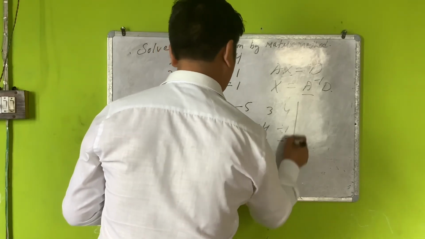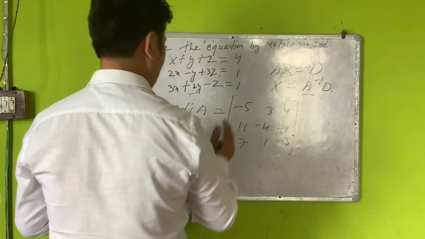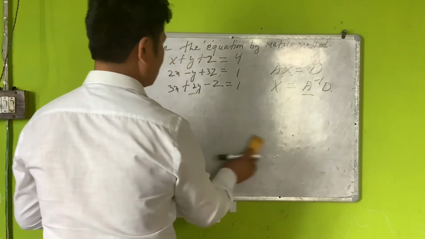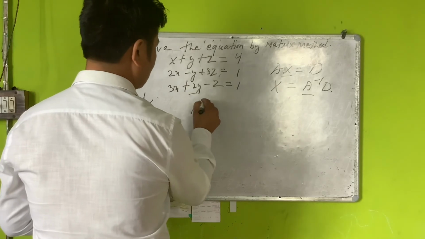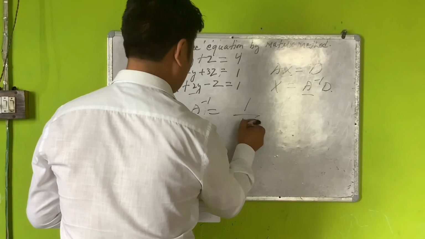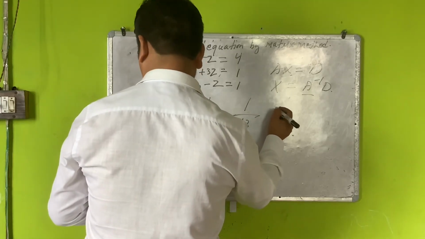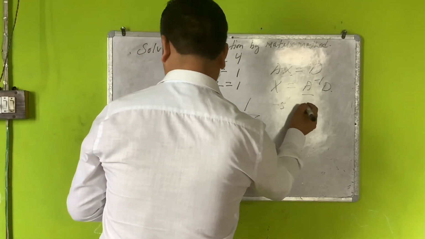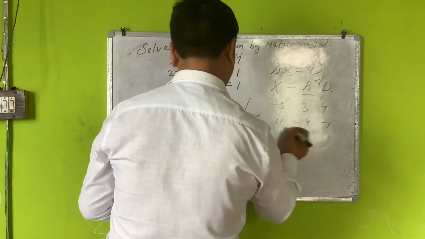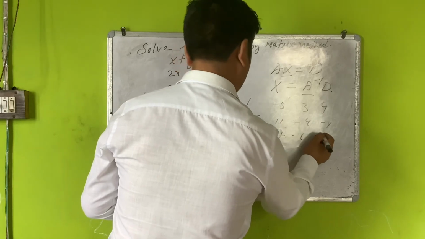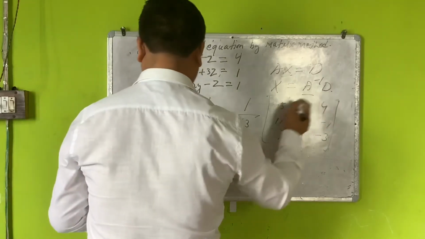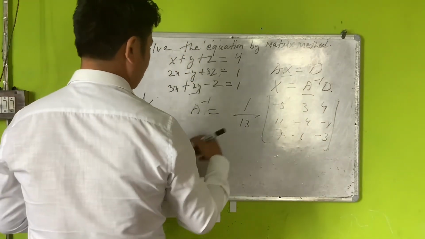This is the adjoint of A. Now you can easily find A inverse. A inverse is equal to 1 by determinant, how much? 13, into the adjoint of A, which is minus 5, 3, 4, 11, minus 4, minus 1, 7, 1, minus 3. So you found A inverse.